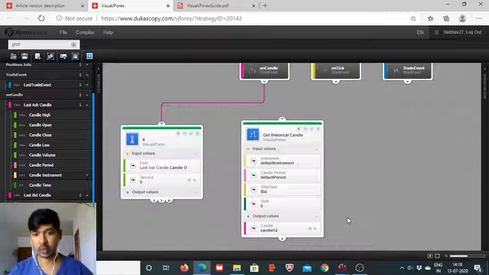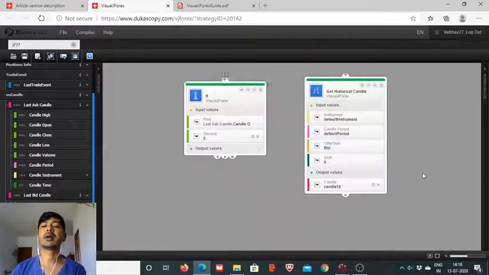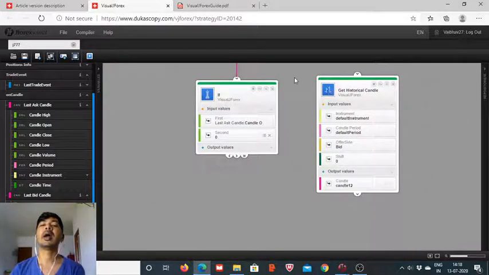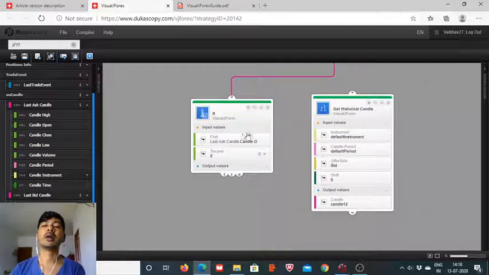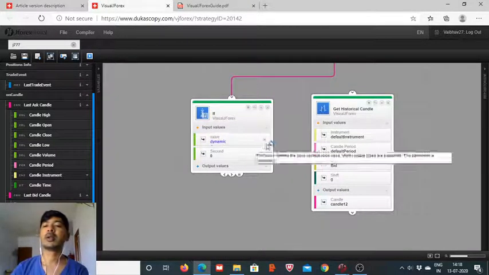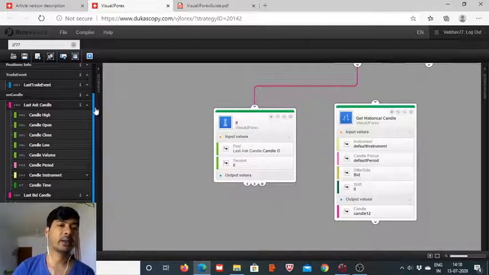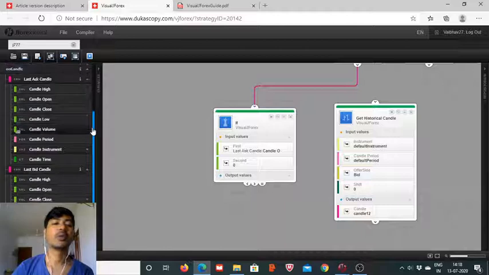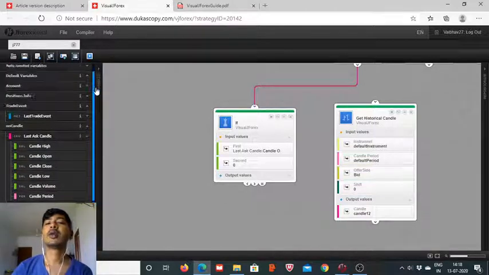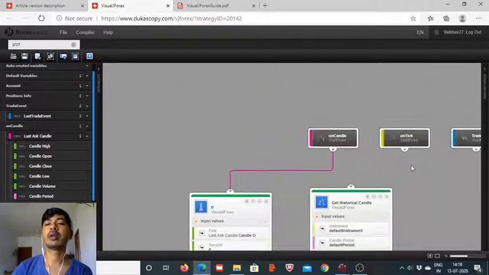The output value is candle 12, then you can take the parameter of candle 12 and you can compare it with this last ask candle's candle open. So you can choose to do that, and all these parameters are available for you to work with if you are opting for this start point.